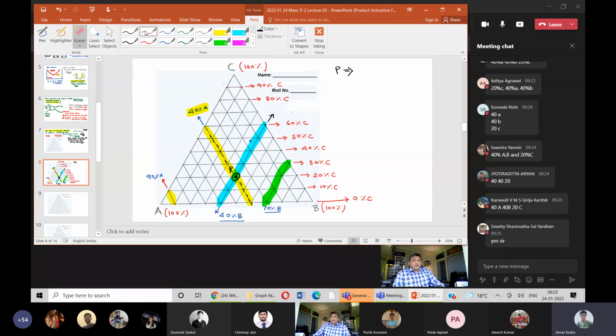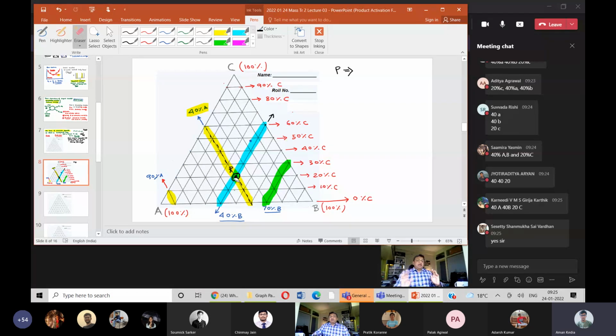So if you go carefully, if it is A, this is 90, 80, 70, 60, 50, 40. This is 40% A. This is B, 90, 80, 70, 60, 50, 40, 40% B. And this is C, C90, C80, C70, C60, C50, C40, C30, C20.